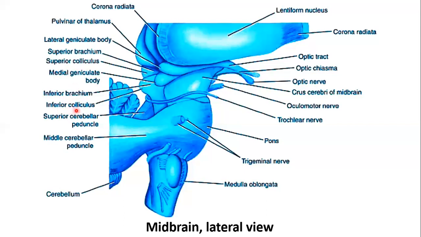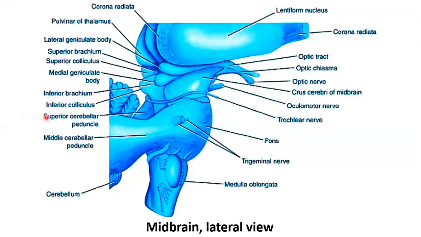Ear and inferior colliculus: the auditory center. Eyes and superior colliculus: the visual reflexes. L for lateral, light with the visual reflexes, and inferior colliculus with the medial geniculate body, M for music. So this is the elaboration for you.